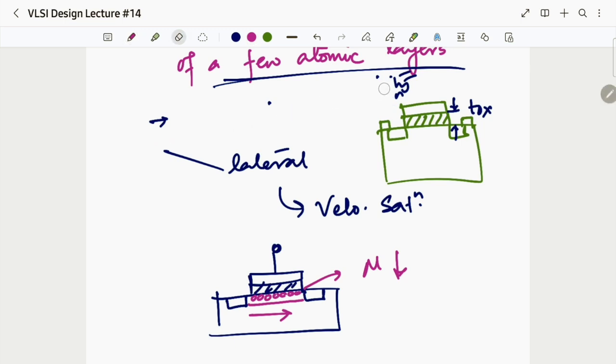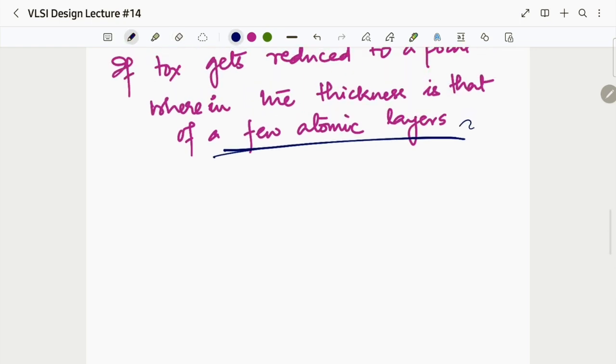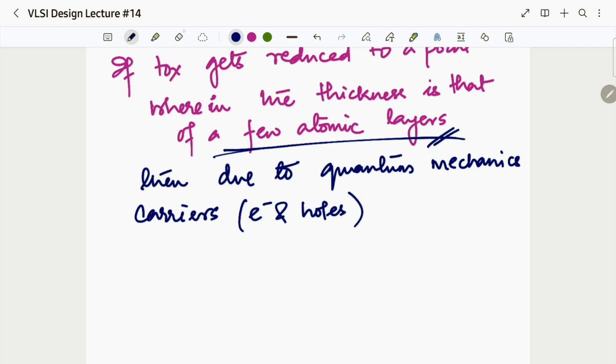Now why am I bringing these things back? Because if this oxide layer's thickness has become so thin that it is a matter of only a few atomic layers, then due to quantum mechanics, carriers, that is electrons and holes, okay, let's not say and, if it's an NMOS then electrons, if it is not then it is a hole.